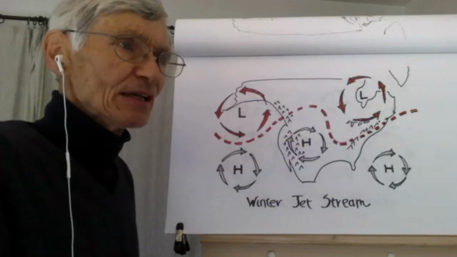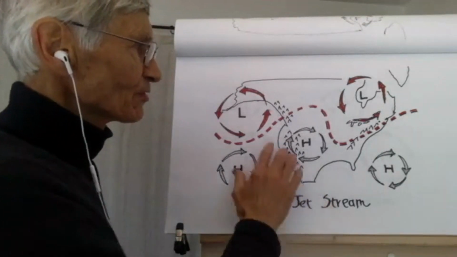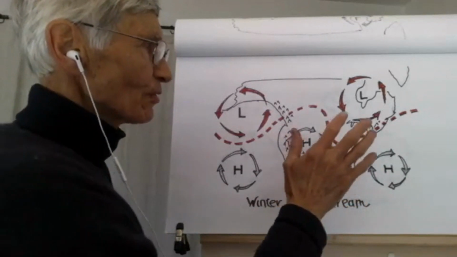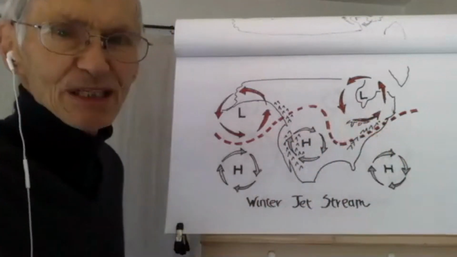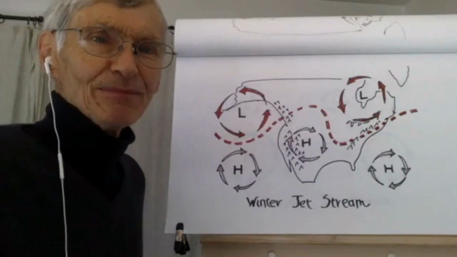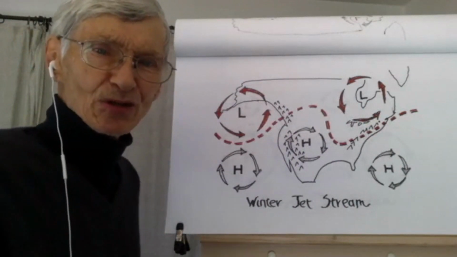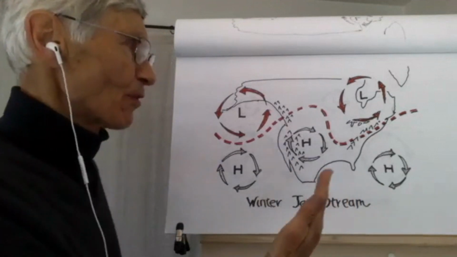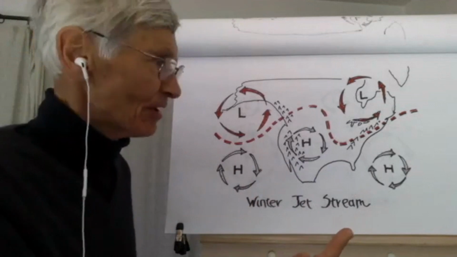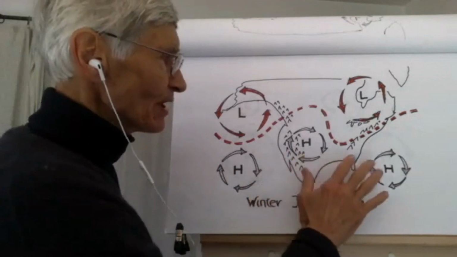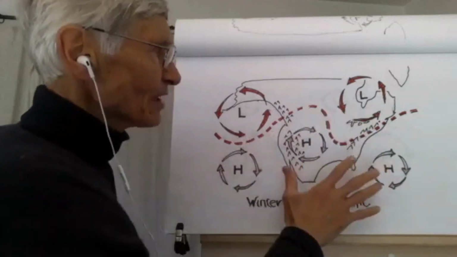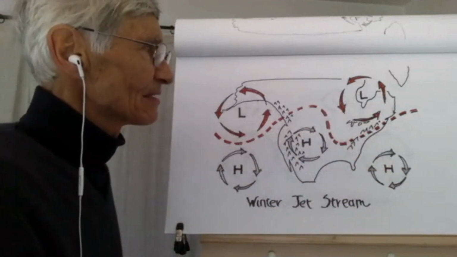That lapse rate makes it possible for storms coming across the continent to wreak havoc on the East Coast. That's basically what I'm trying to explain to you, is why your weather is so variable from year to year. It has a lot to do with how these highs and lows are shifting east to west.